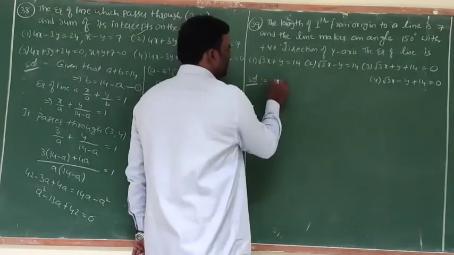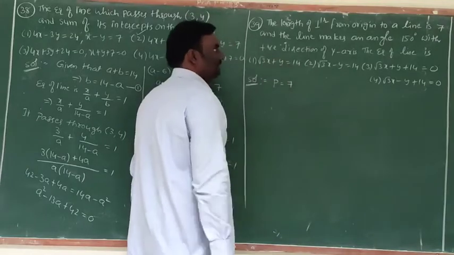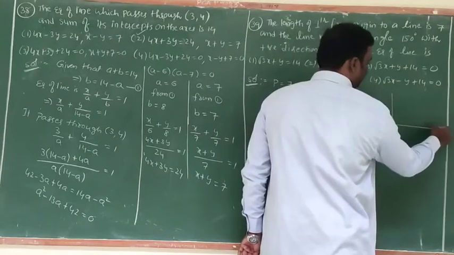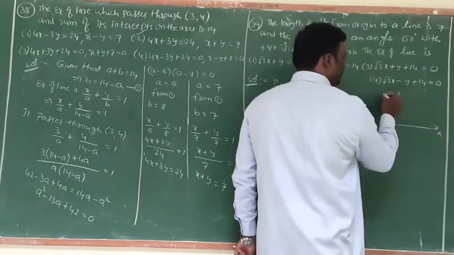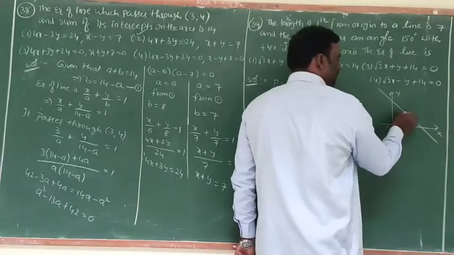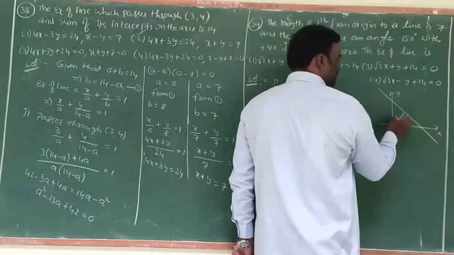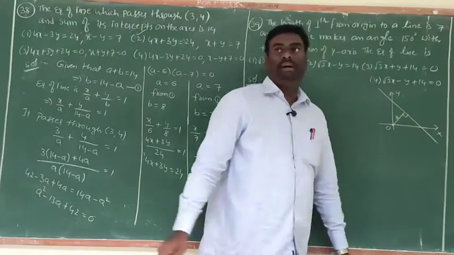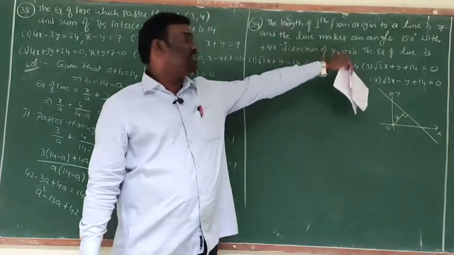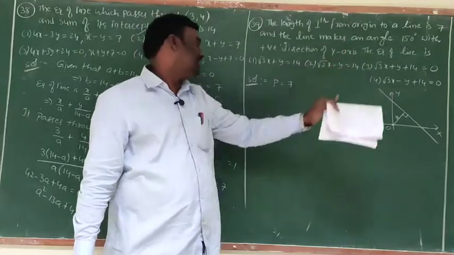Here the length of perpendicular means p value is 7. So you draw the rough diagram. X axis, y axis, it is a straight line, and this is the length of perpendicular from origin to the line, that is 7. But this line makes 150 degrees angle with positive direction of y axis.